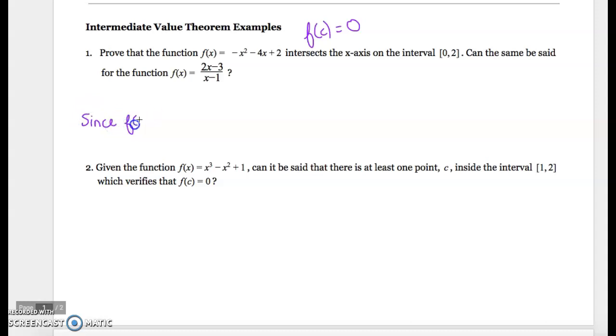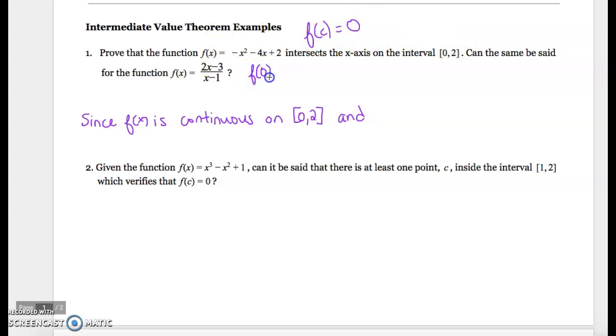So we can say, since f of x is continuous on 0 to 2, and for our "and" part, what the intermediate value theorem says is that if your function is continuous, and when I plug in one of my endpoints I get a number less than what I'm trying to find, and then if I plug the other endpoint in and I get a number greater than what I'm trying to find, or vice versa, as long as they're around 0, that means that to get from my least value to my greatest value, I would have to hit 0 on this interval. So what we're going to do now is just make sure that that actually happens.